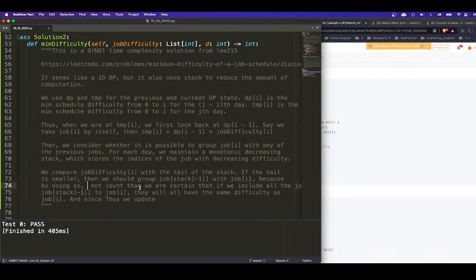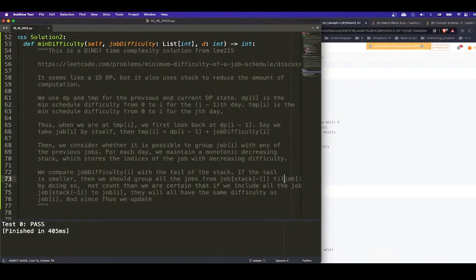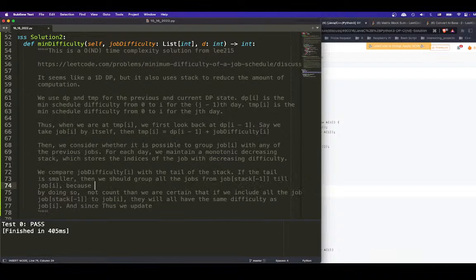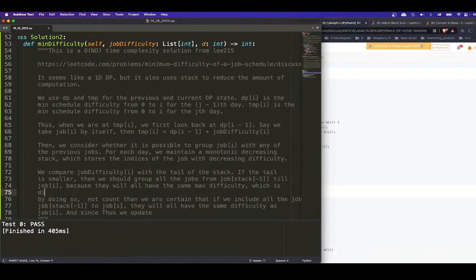If the tail is smaller, then we shall group this with job I, when we are handling job I. So group all the jobs from this to job I, because they will all have the same max difficulty, which is job difficulty I.